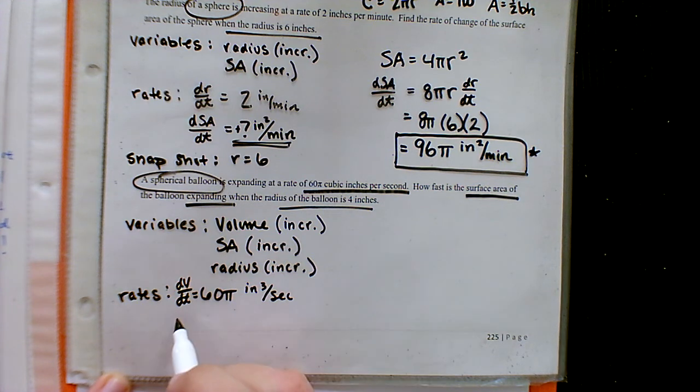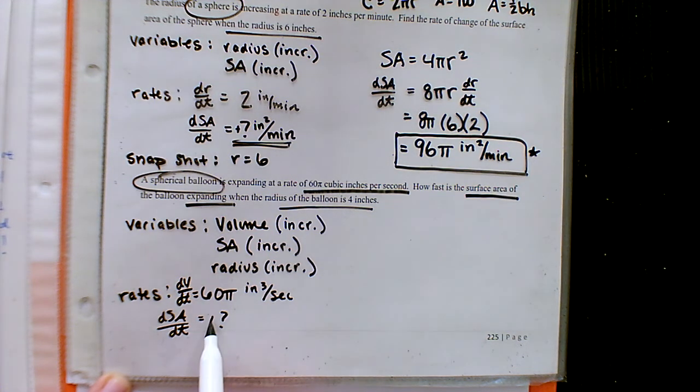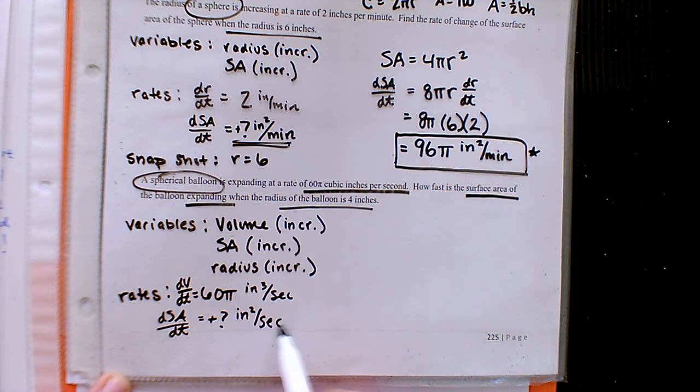We are trying to find how fast the surface area of the balloon is expanding. All right, so dSA over dt. We said surface area was increasing, so we'll anticipate a positive answer. What about our unit? Inches squared per second. All right, I think that's good.